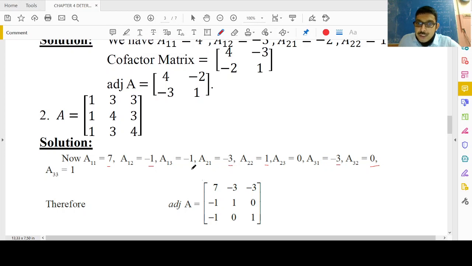And in the third row, the cofactors of A13, A23, A33, so this will be minus 1, 0, 1. So the adjoint of A is 7, minus 3, minus 3, minus 1, 1, 0, minus 1, 0, 1. Here the first column is the cofactors of the first row elements, the second column is the cofactors of the second row elements, and the third column is the cofactors of the third row elements.